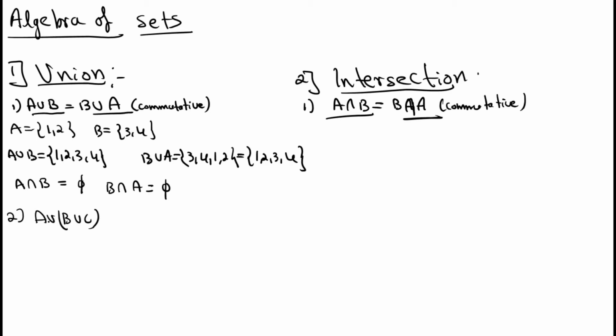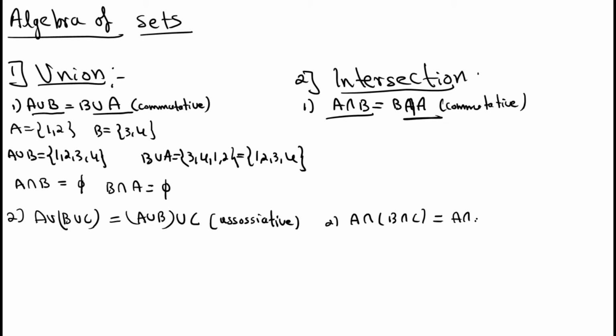Second one is A union (B union C). Here (A union B) union C is equal to A union (B union C). We call it the associative property. In intersection also, that is (A intersection B) intersection C is equal to A intersection (B intersection C).